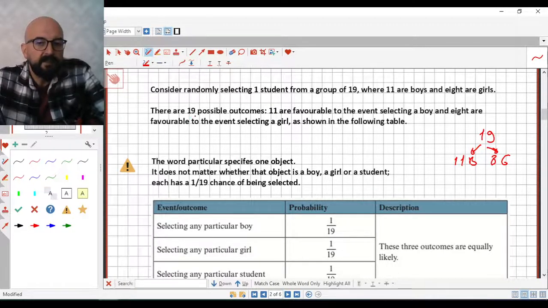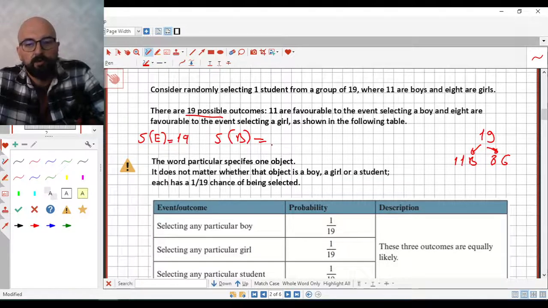There are 19 possible outcomes, so the number of experiments is 19. 11 are favorable to the event selecting a boy, so the number of boys is 11, and 8 are favorable to the event selecting a girl, so the number of girls is 8, as shown in the following table.